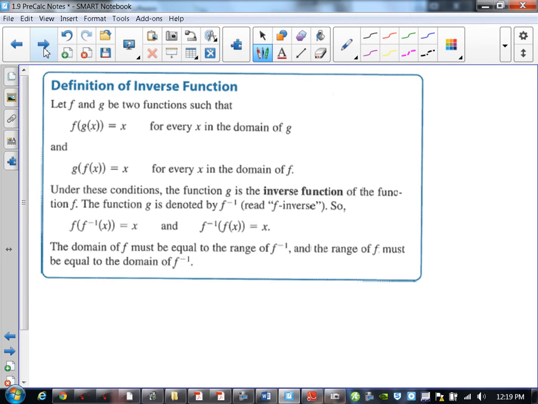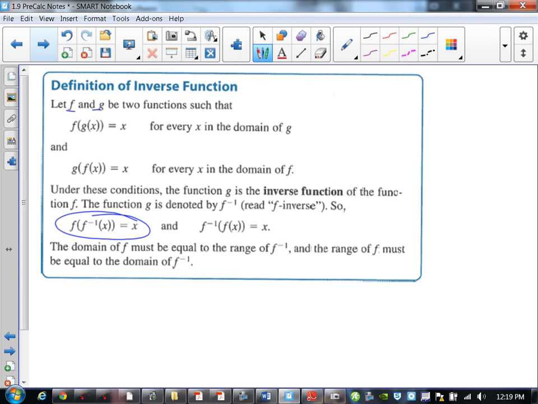We might have done this. Do you remember writing it like that? F the inverse? You guys did that last year? All this is saying is that when we have these inverse functions, you substituted one for another. It's a composition of it. You're taking f and g, two functions.